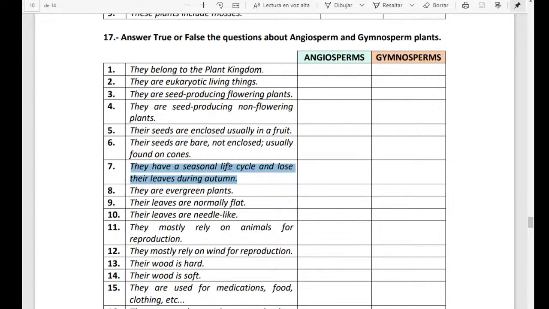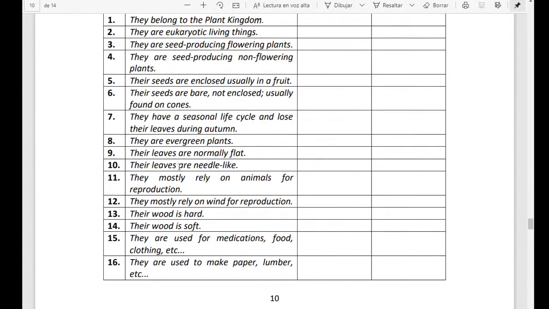So for example, in winter, now they don't have leaves. But pine trees have leaves today. They lose their leaves during autumn, during the fall. So number 7 is angiosperms, Lucas. Let's go to number 8.